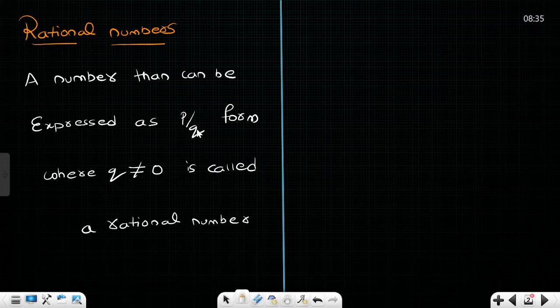If you take a number, you should be able to write it in the P by Q, means numerator by denominator form, and the denominator should not be 0. Then that kind of number you can call a rational number.